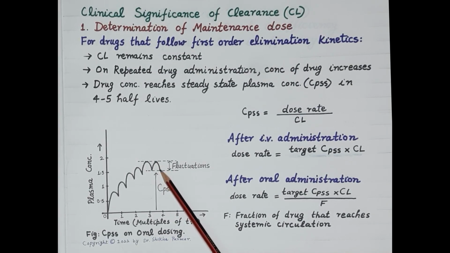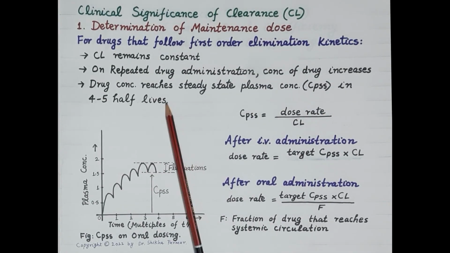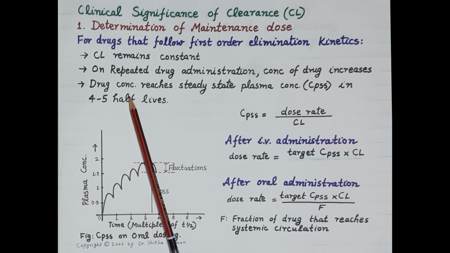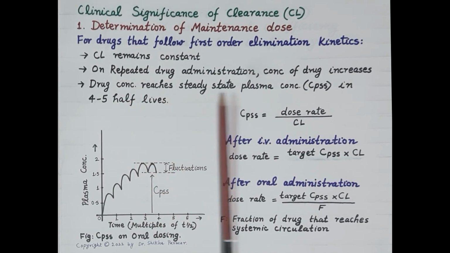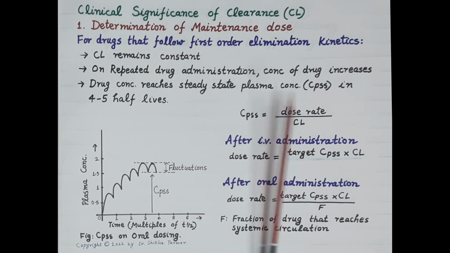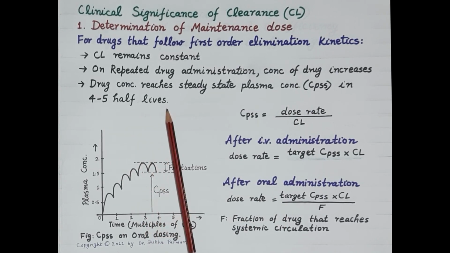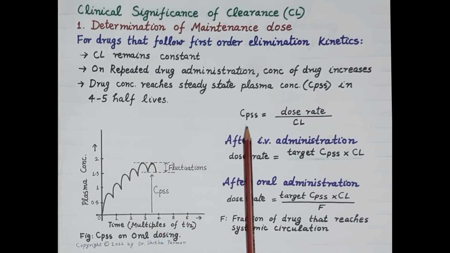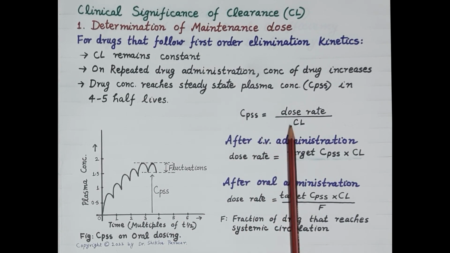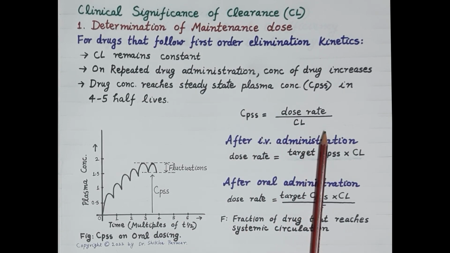So to achieve the desired target steady state plasma concentration of a drug, we should know the clearance. As discussed, drug concentration reaches steady state plasma concentration within 4 to 5 half-lives. Steady state plasma concentration is equal to the dose rate divided by the clearance.